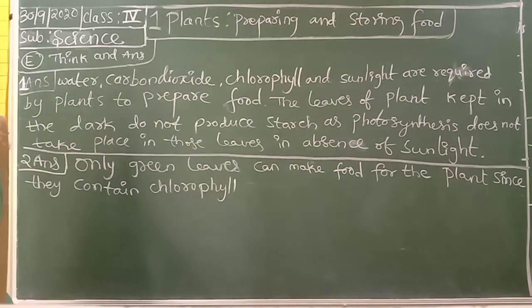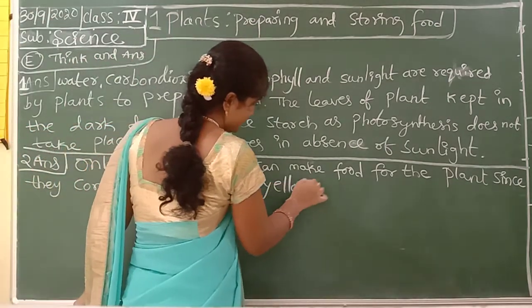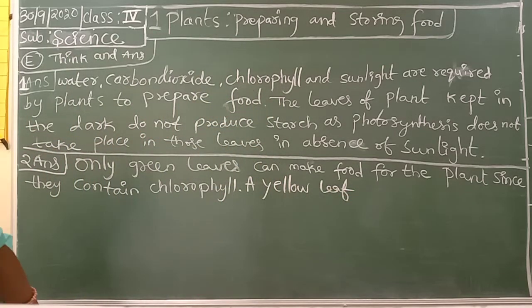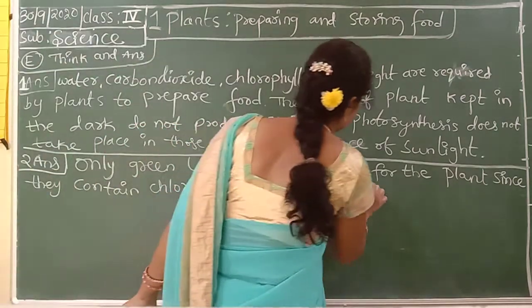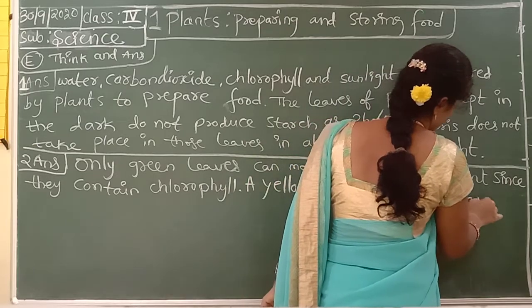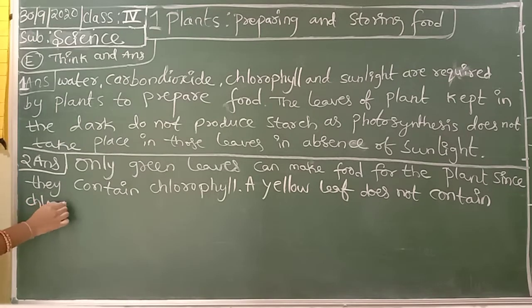A yellow leaf does not contain chlorophyll, so it cannot prepare food.